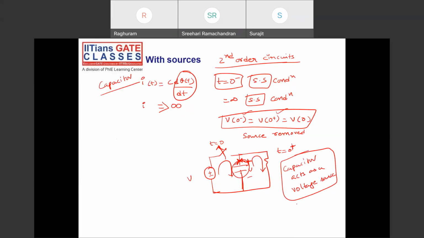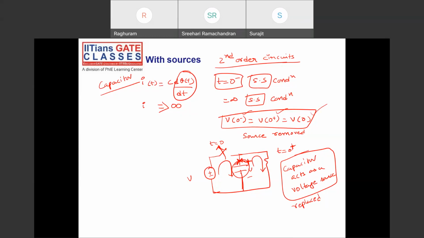It can be replaced by a voltage source of value V of 0, or V of 0 minus, which is the same as V of 0 plus. Okay, this is for the capacitor.